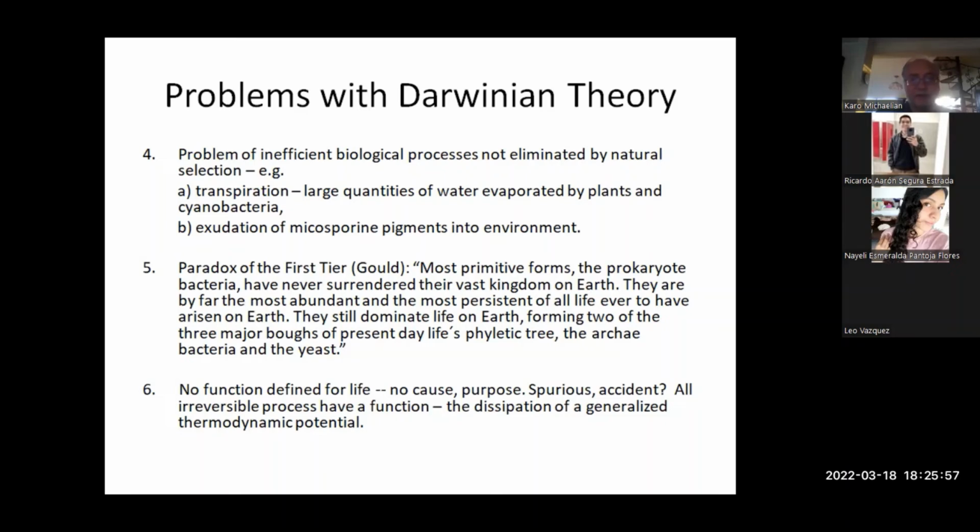There's also a problem that many organisms exude microsporine pigments into their environment. There are a lot of microscopic organisms which live in the soil or in the water, on the ocean surface and the surface of lakes, which have the tendency to emit pigments into their environment.